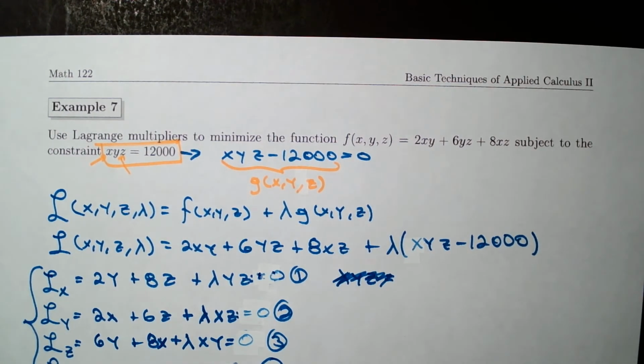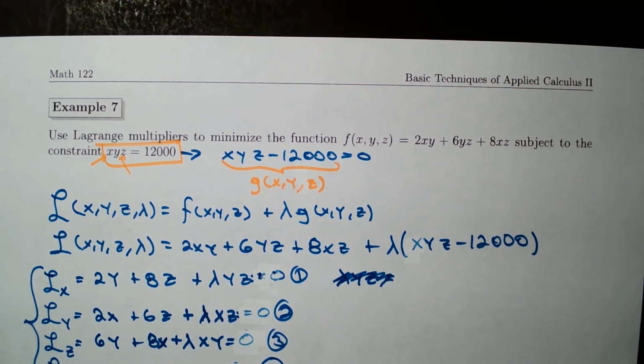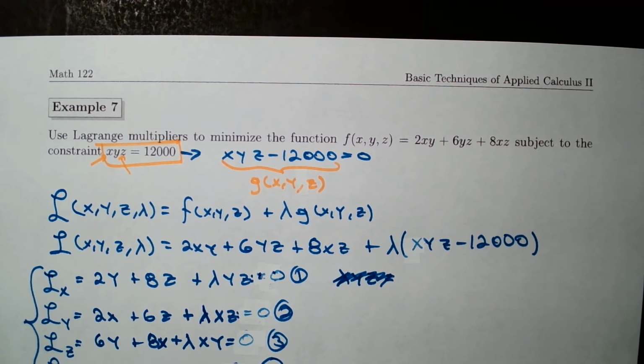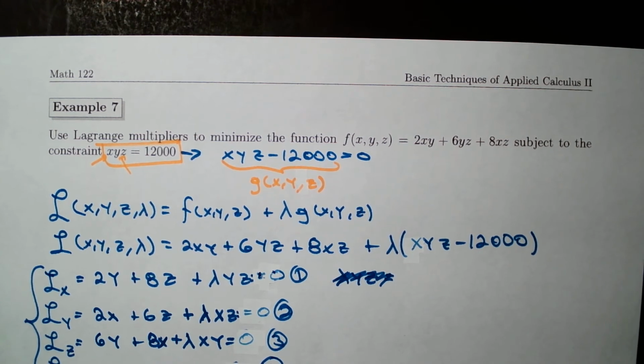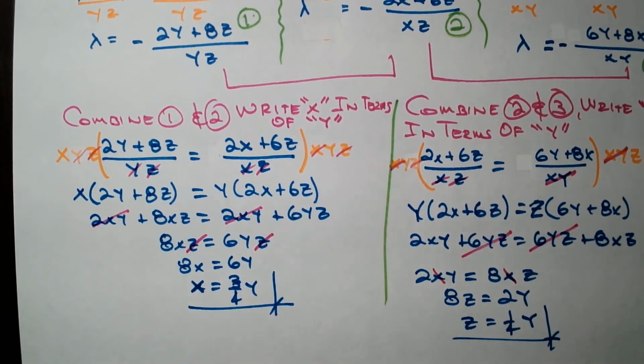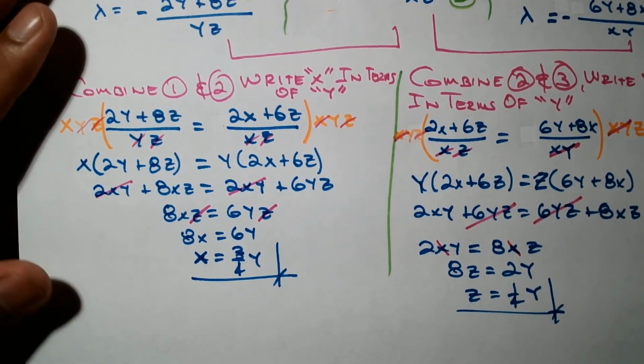So what's the alternative way? The alternative way is to solve for another variable. For example, I could have solved for y in terms of x or z in terms of x, but in this case there's no way to get z in terms of x, so that's why we write everything in terms of y. So let me go ahead and do this.